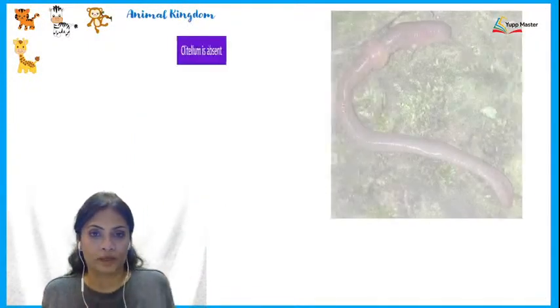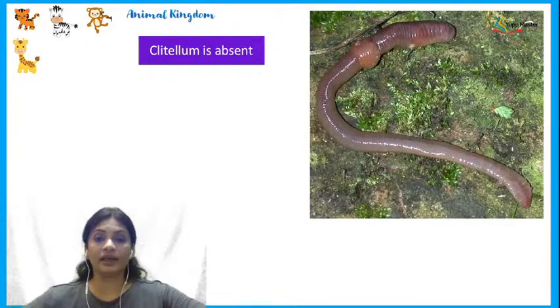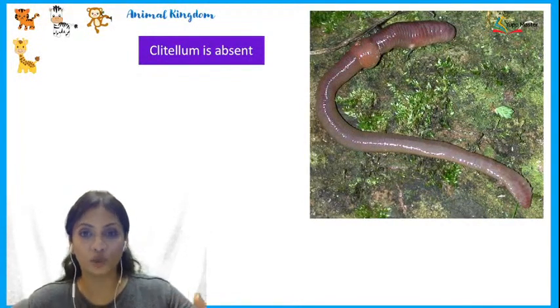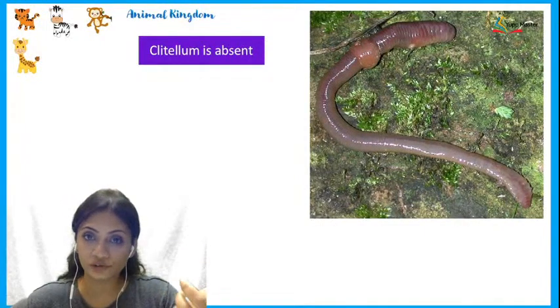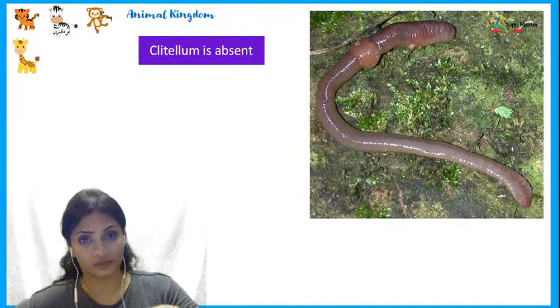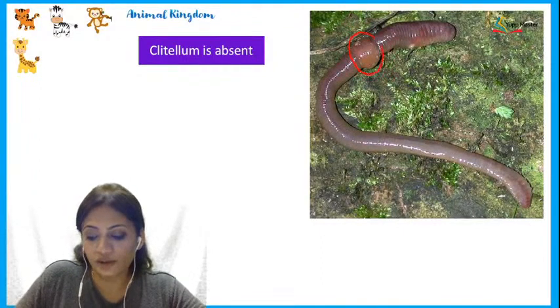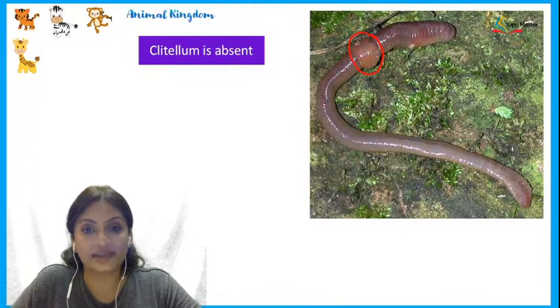All right. Now, in an earthworm, generally if you see any earthworm, how would you actually locate where is the head of the earthworm and where is the other end of the earthworm? You look for the presence of this structure over here, and that structure is called a clitellum.